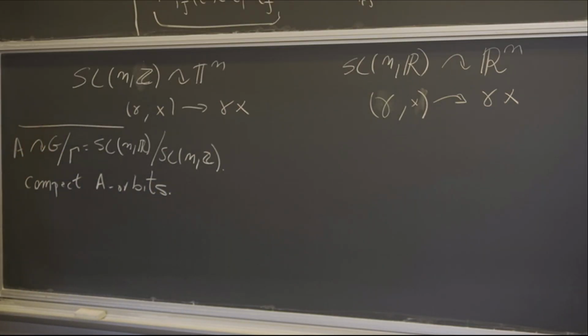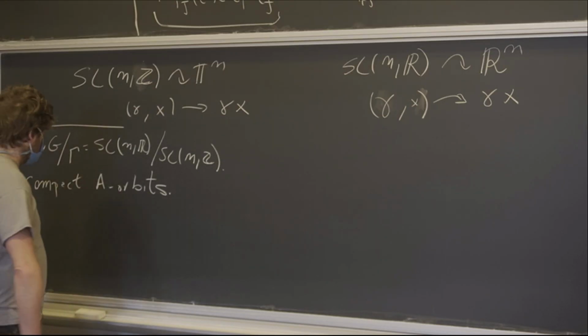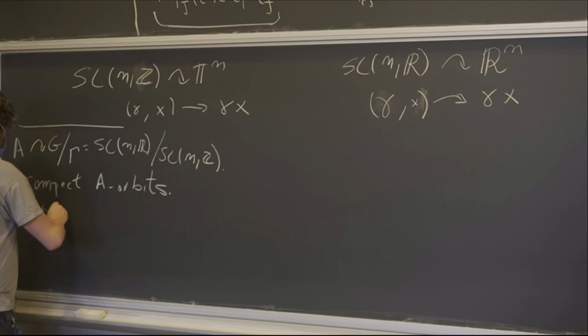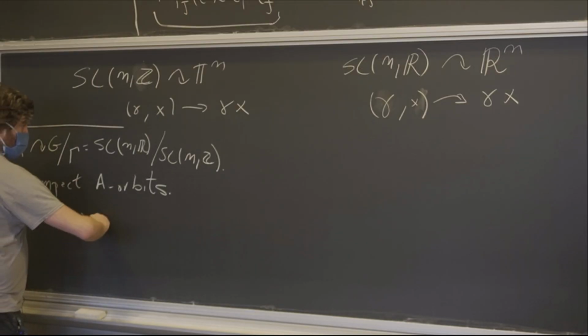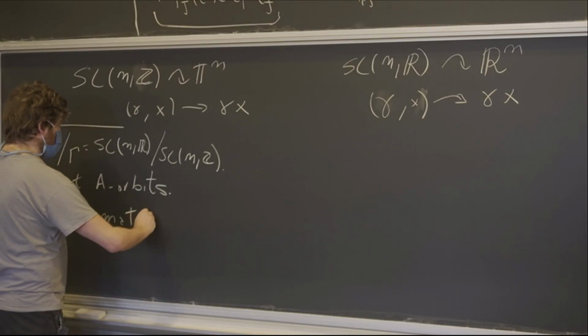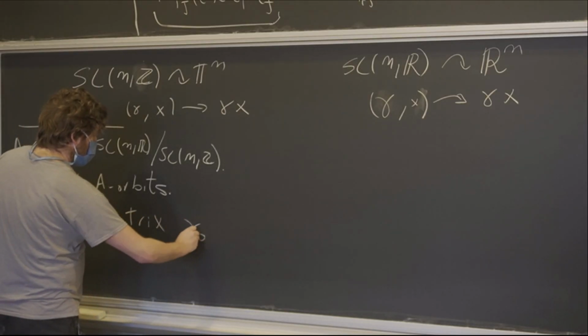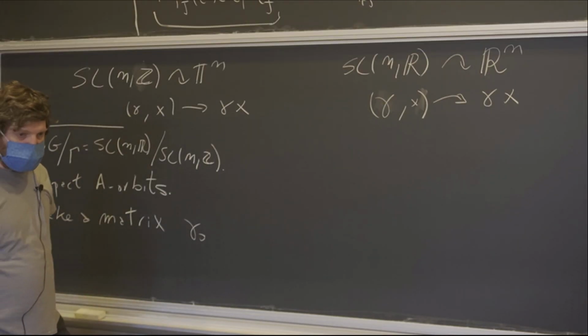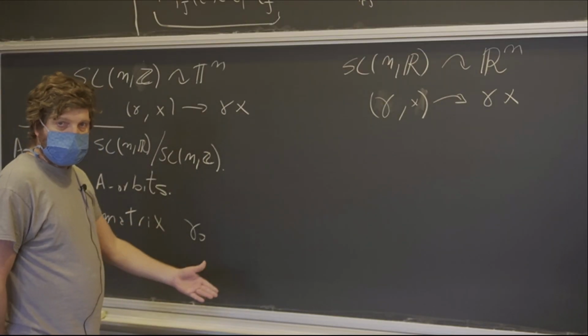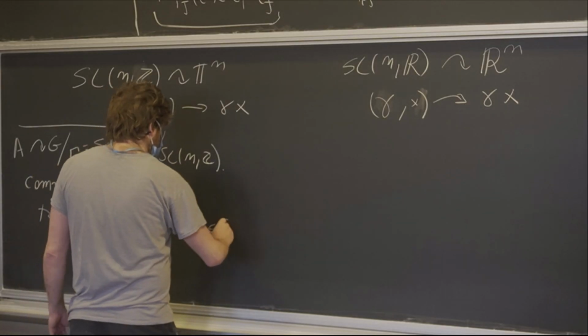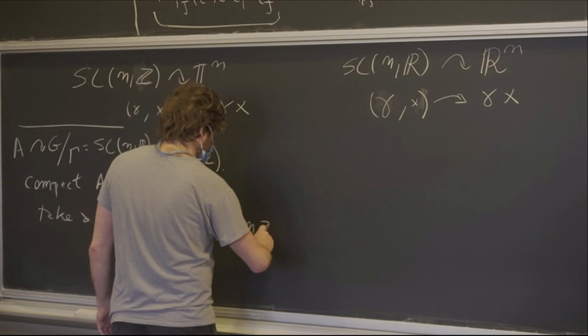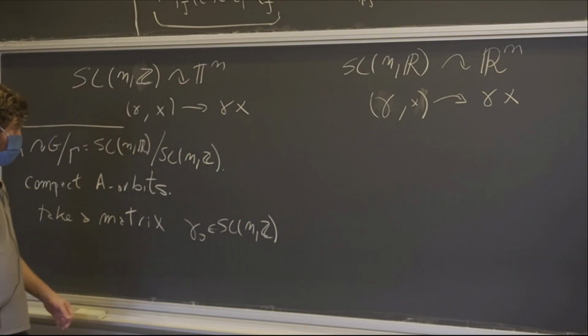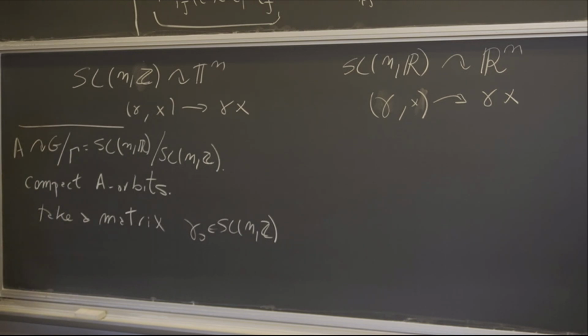Now how do we build one of these compact orbits? So let's do it. Take a matrix gamma naught, so far any matrix, I will put some conditions soon, in SL_n(Z).